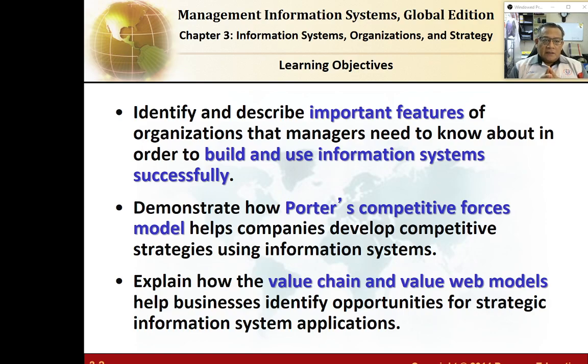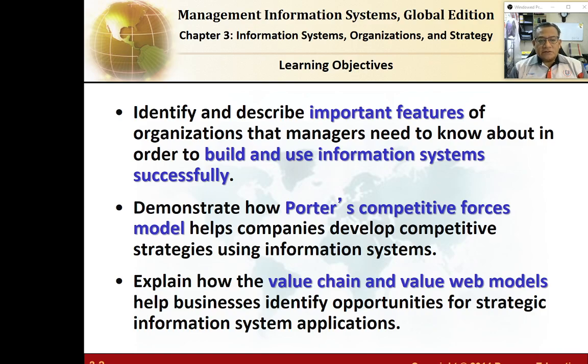First, I am supposed to help you identify and describe the important features of organizations that managers need to know in order to plan, build, and use information systems so that they can help the company perform successfully.